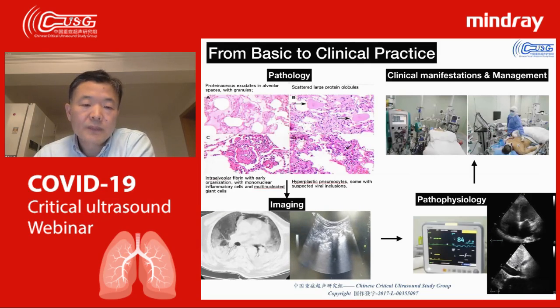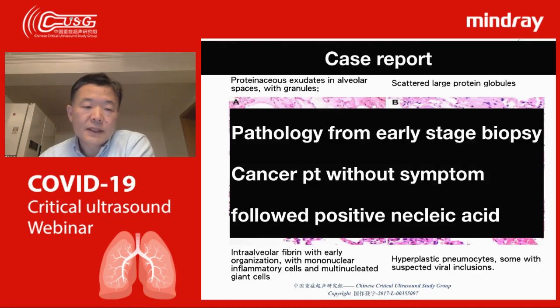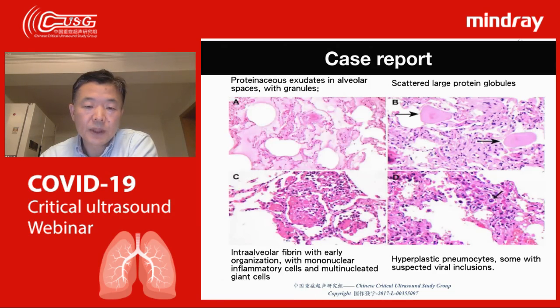Let's go back to the pathology part. You see here is a case report from very early stage biopsy. This patient, as I mentioned before, is a 48-year-old female. She had an operation, and the day after the operation she did a CT scan and it showed something here.